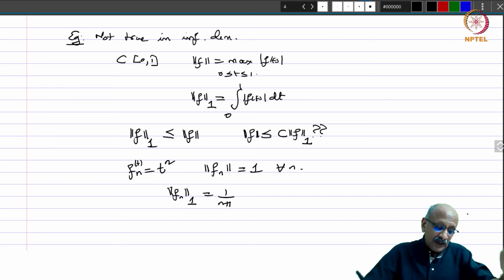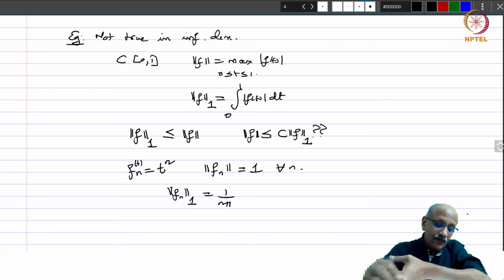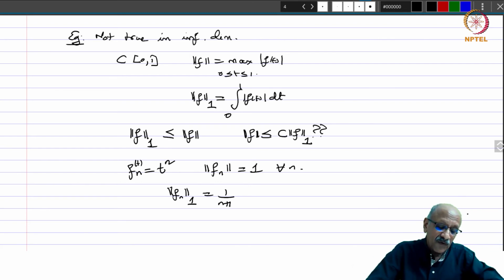Now, the main thing which we used in proving the equivalence of norms is that the unit ball, or bounded and closed sets, were compact. In fact, this characterizes finite dimensional spaces. This is a very amazing fact.